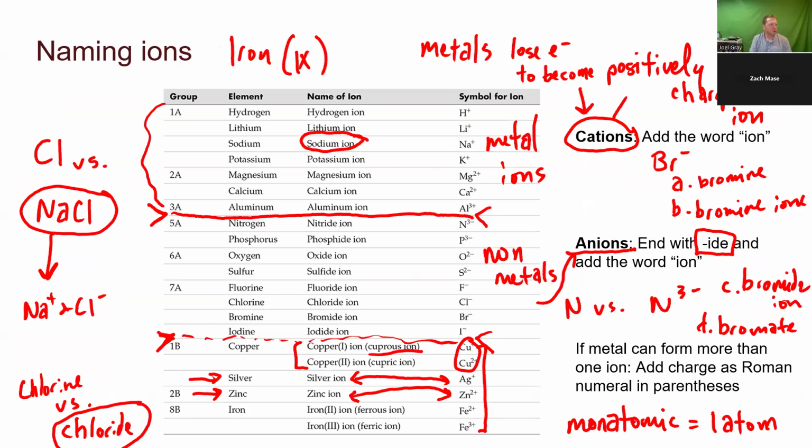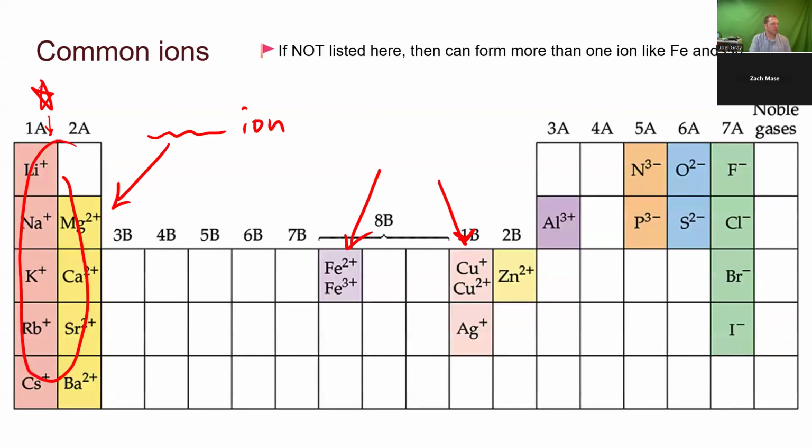There's cuprous and cupric. There's ferrous and ferric. I'm not going to ask you to know those names. Instead, what I want you to be able to do is say iron 2 ion versus iron 3 ion. Same thing for copper 1 and copper 2.